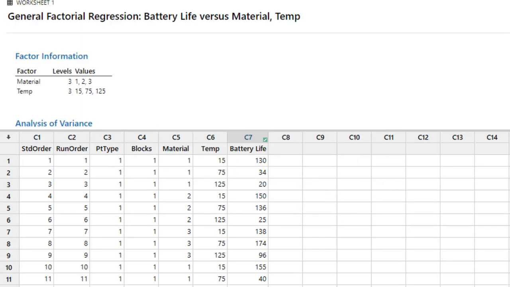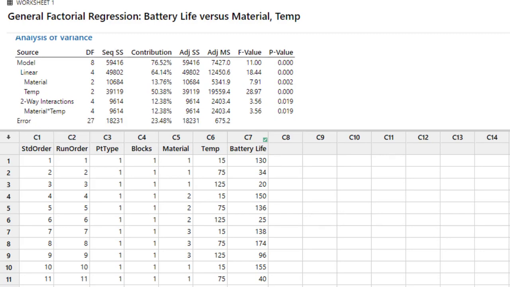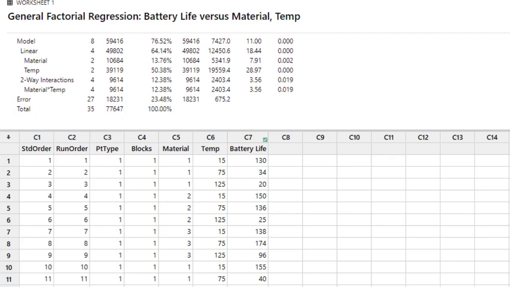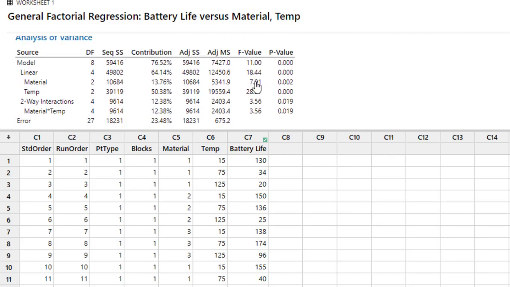So in the meanwhile you will get the whole table. This table is the analysis of variance, and you can see that we have calculated our F naught value equal to 7.91 for the material, 28.97 for the temperature, and 3.56 for interaction.